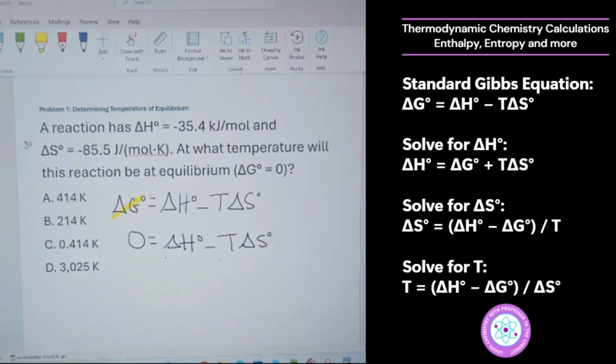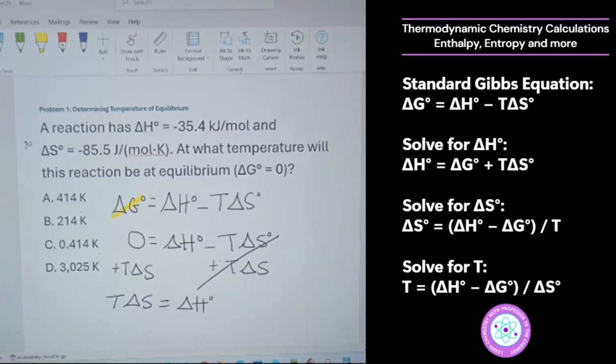So for instance, if I move the delta H off to the other side, you know what? No, I'm going to keep the delta H over here, okay? I'm going to move the T delta S to the other side. That cancels out, and you end up with T. And look, I had a negative plus a positive to cancel that out. So this is just going to be T delta S equals delta H, right?